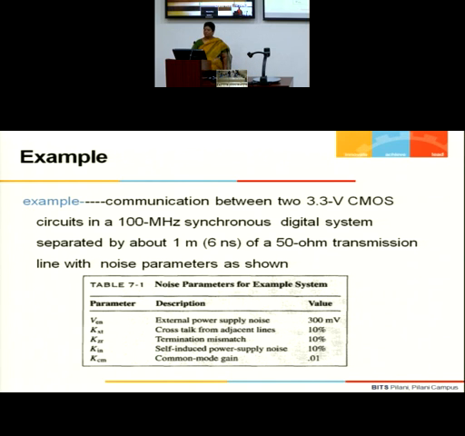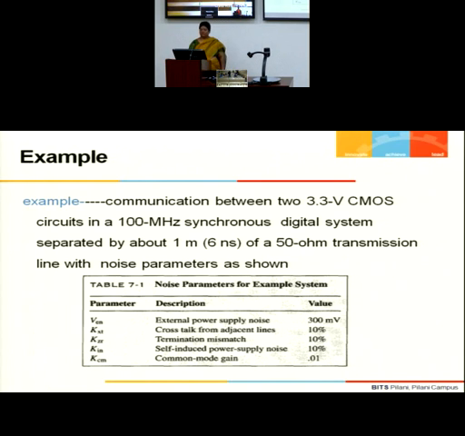So we have 1 meter wire and the wire impedance is given as 50 ohms. The wire is behaving like a transmission line with its characteristic impedance as 50 ohms, and we want the signal to cover this 1 meter length in 6 nanoseconds.